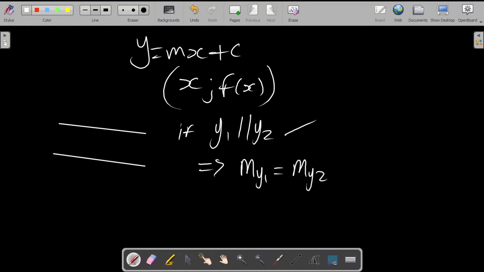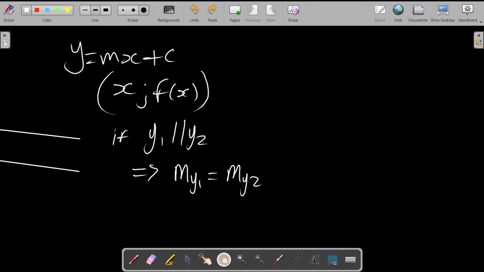So in summary, when we have straight lines which are parallel, like in this case, we can say that they basically have the same gradient. So parallel lines have the same gradient, right? So that is the case.